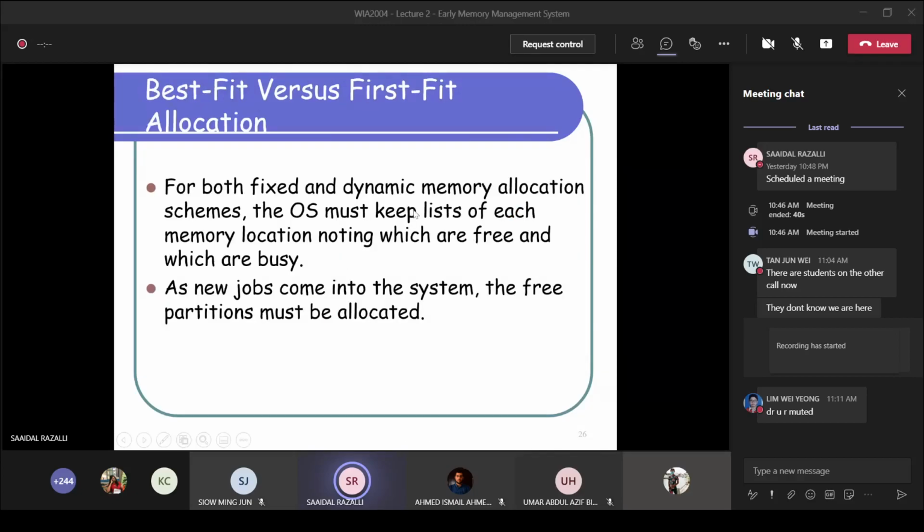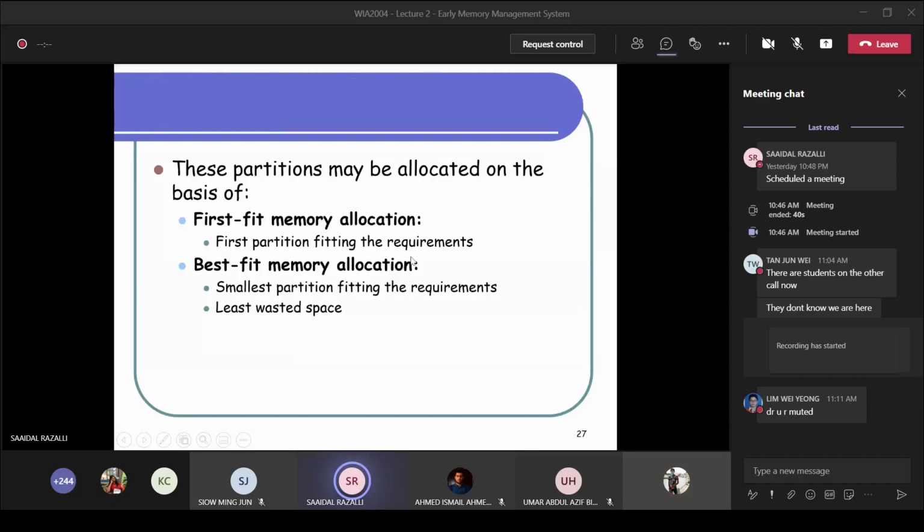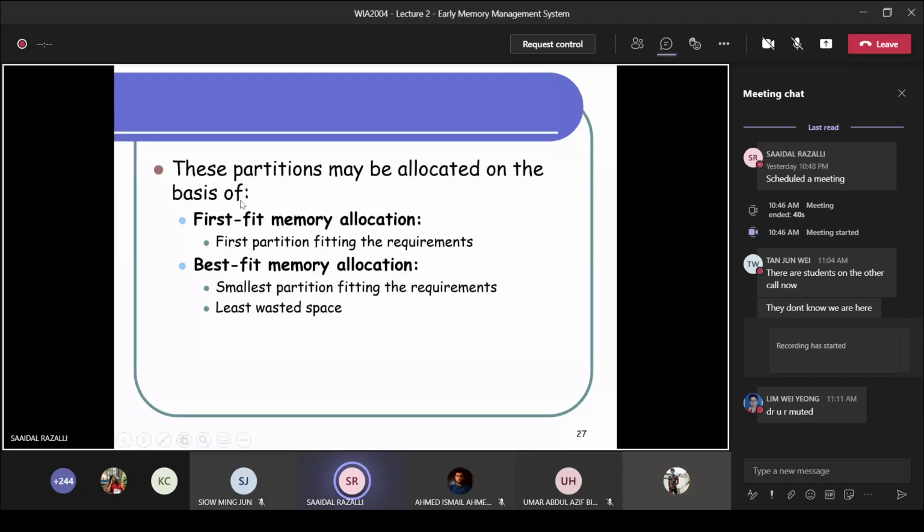For both fixed and dynamic memory allocation schemes, the OS must keep lists of each memory allocation, noting which are free and which are busy. As new jobs come into the system, the free partitions must be allocated. Partitions may be allocated on the basis of first fit memory allocation, the first partition fitting the requirements, or best fit memory allocation, the smallest partition fitting the requirements.